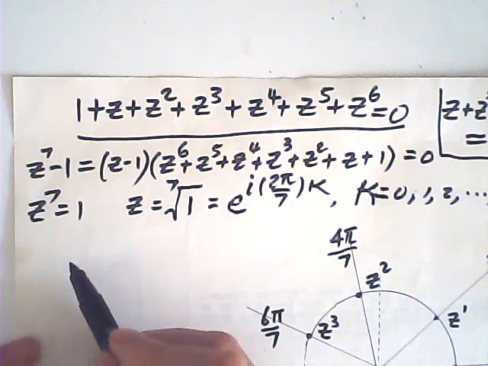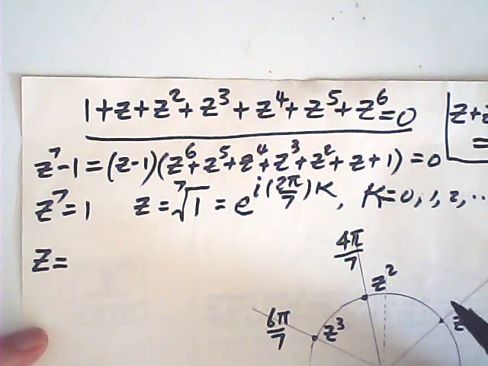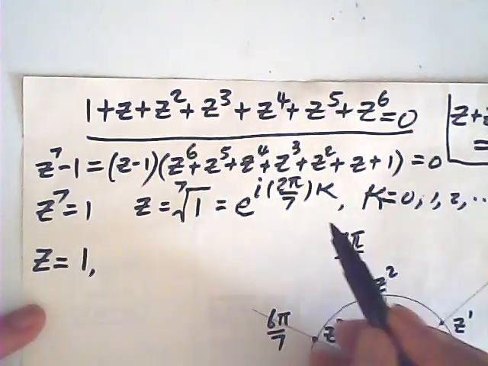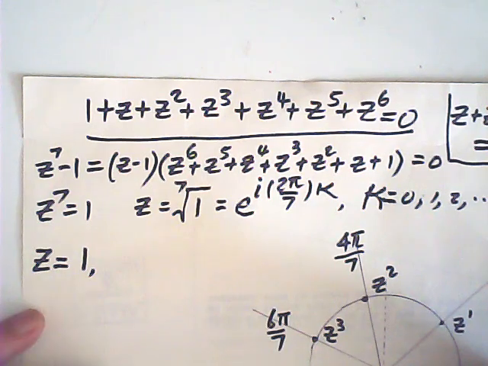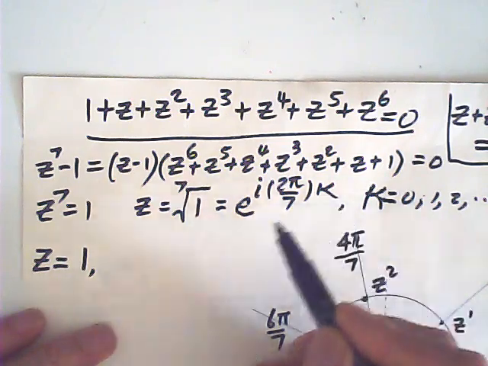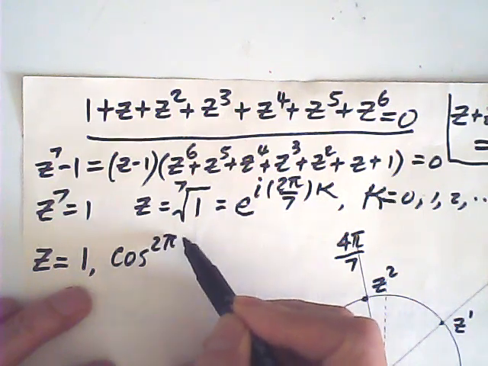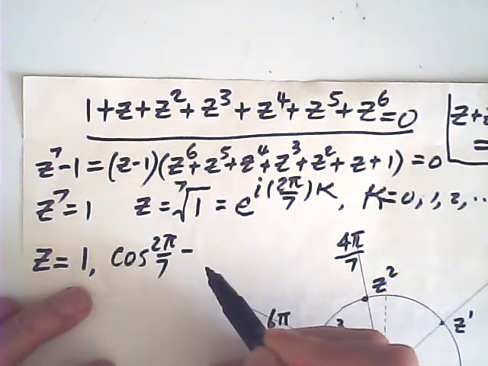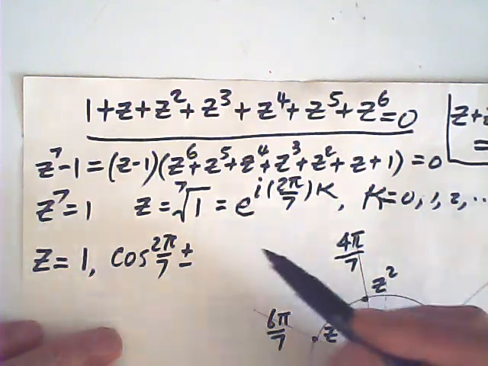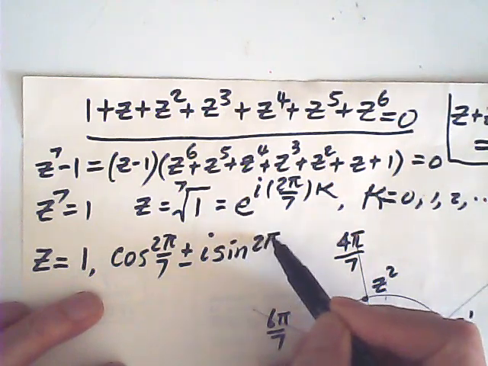Well, which means that z is equal to 1 when k equal to 0. And when k equal to 1, this is cosine 2 pi over 7 plus or minus i sine 2 pi over 7.